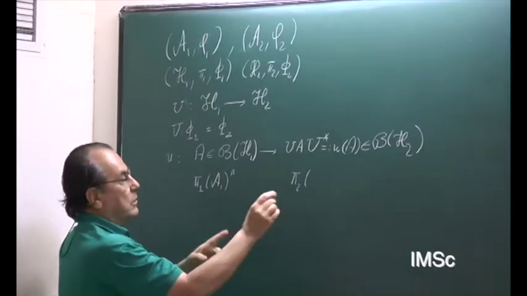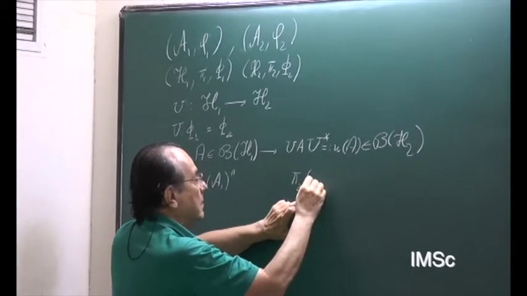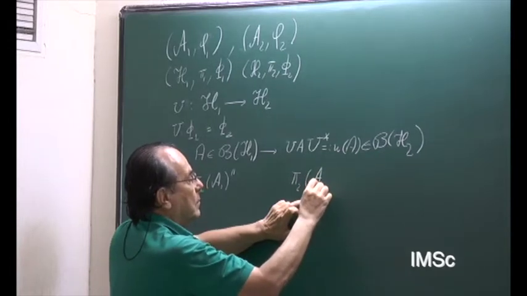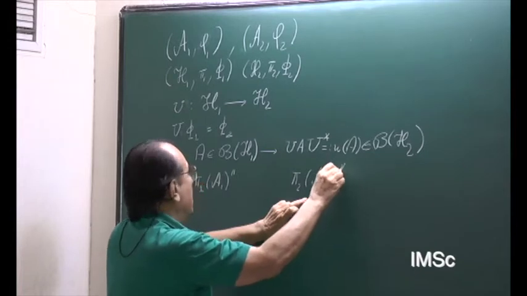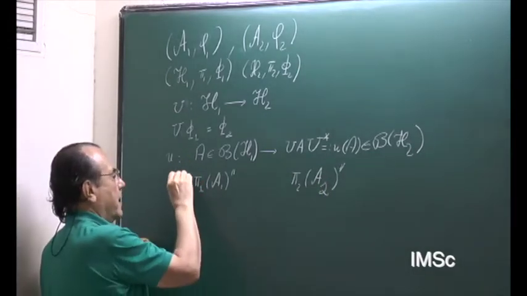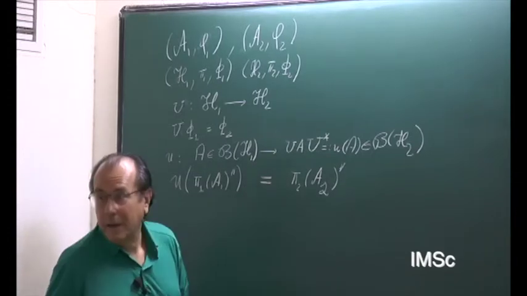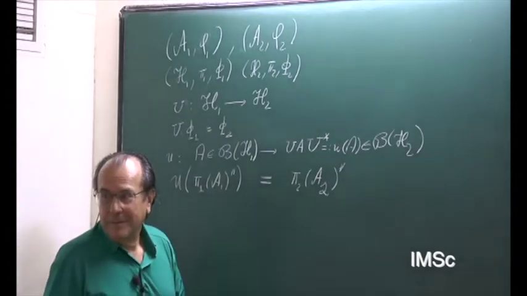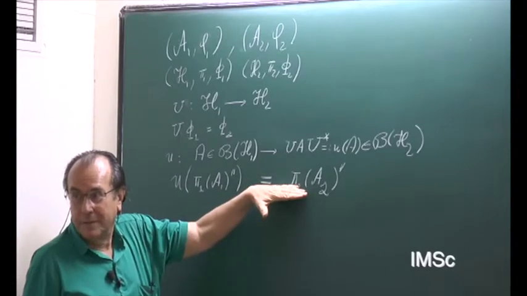So usually this is not true. But I require that this is an identity. This is algebraic isomorphism. Okay?